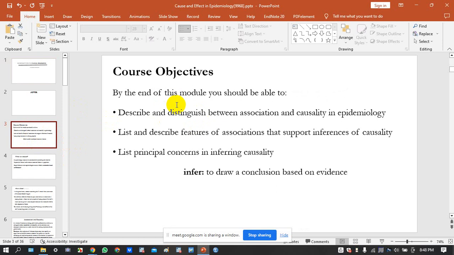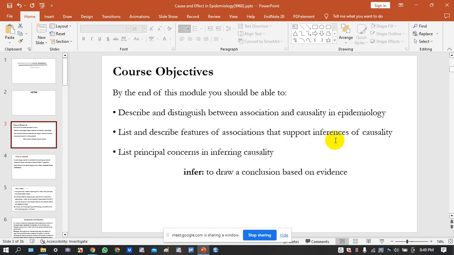By the end of this course, you should be able to describe and distinguish between association and causality in epidemiology. You should be able to list and describe features of association that support inferences of causality.